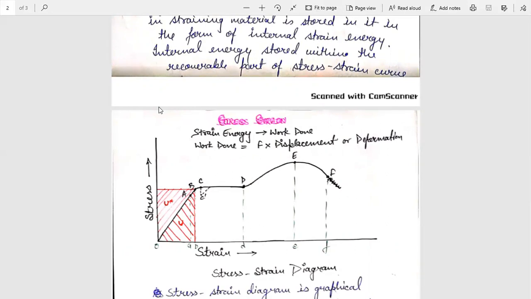Up to the maximum load, the bar extends uniformly over its parallel length. But if straining is continued, a local reduction in cross-sectional area occurs.